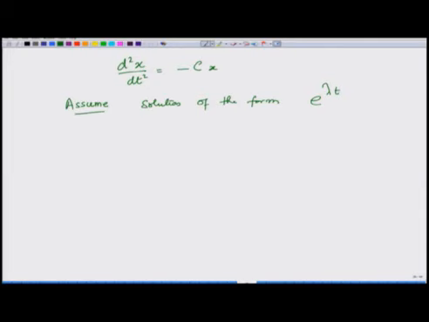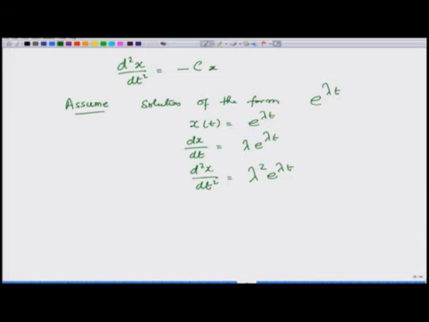So, I am assuming x t can be written as e raised to lambda t, and therefore, dx over dt is of the form lambda e raised to lambda t. d2x over dt square is of the form lambda square e raised to lambda t.